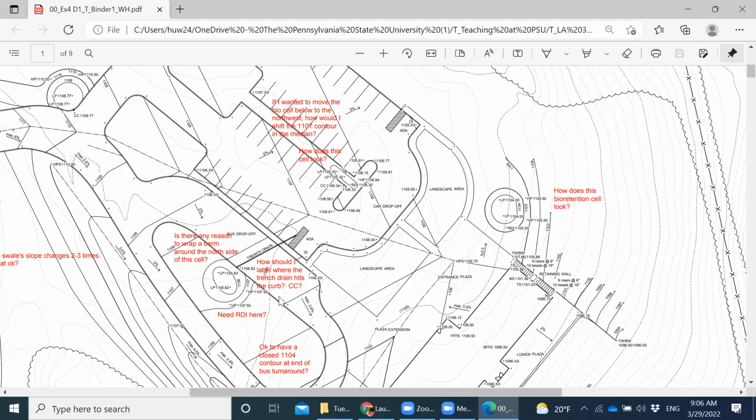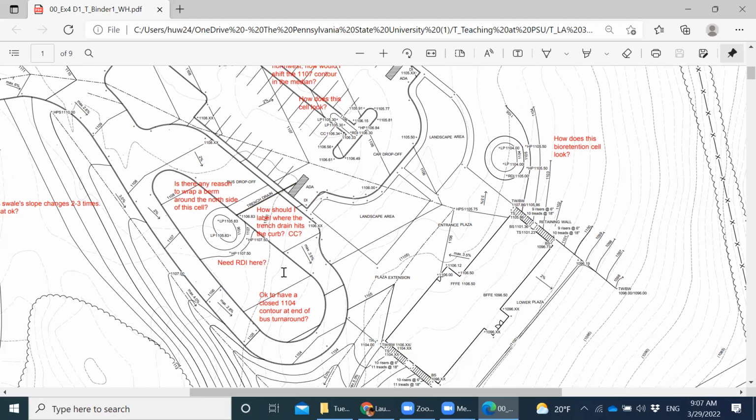How should I label where the trench drain hits the curb? If you have a trench drain, it's not technically a curb cut. Do I need an RDI here? Nope, you don't actually need an RDI here because water will just keep flowing down if it doesn't get into the medium area.